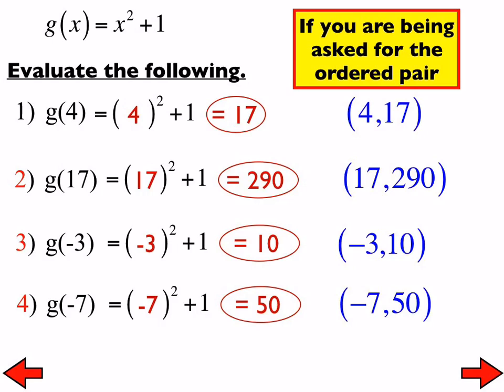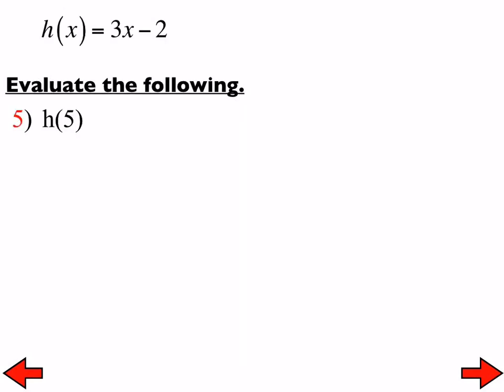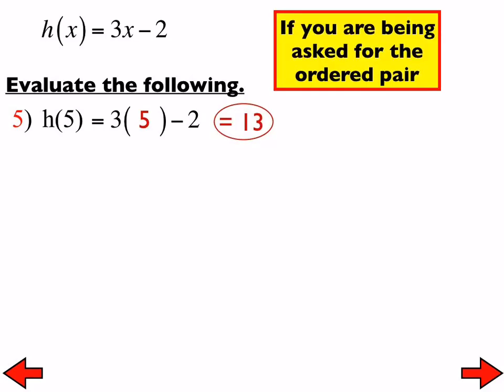Could I get all of you to quickly do 5 through 8? So h of 5 means we're replacing x with 5 and evaluating, so that would be 13. So h of 5 is equal to 13. The ordered pair is 5, 13.